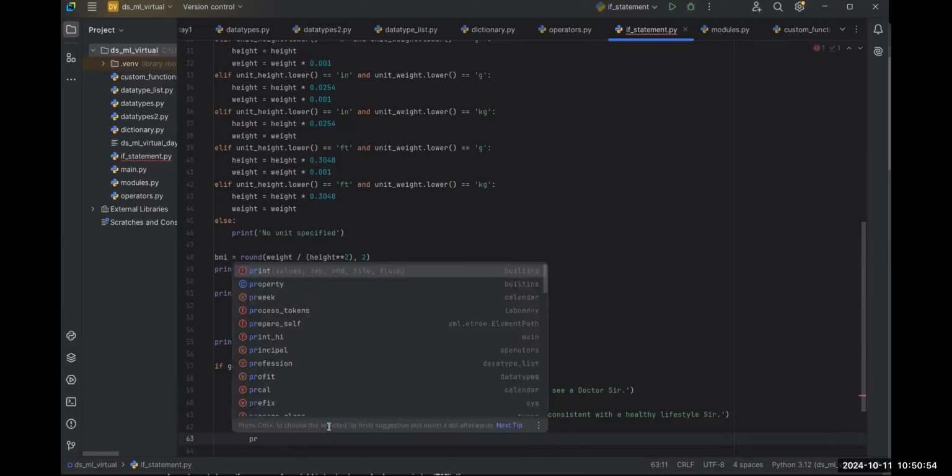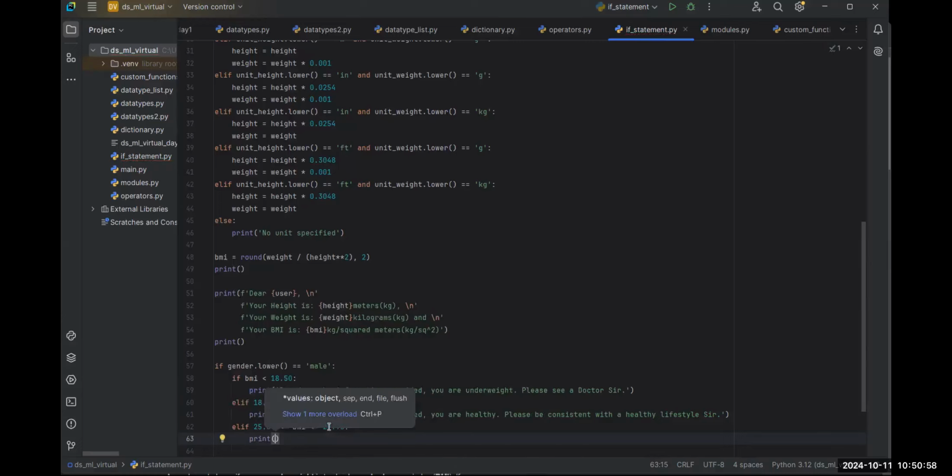Now print the same thing: based on the information provided, you are overweight, full stop.